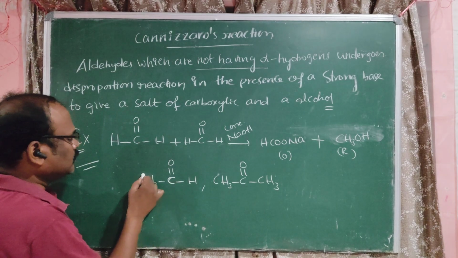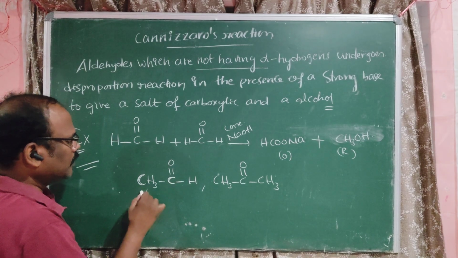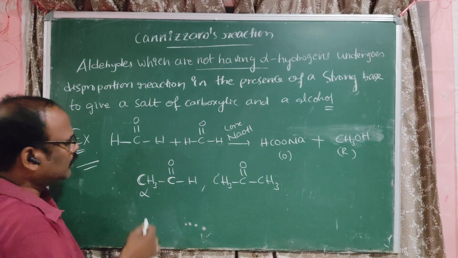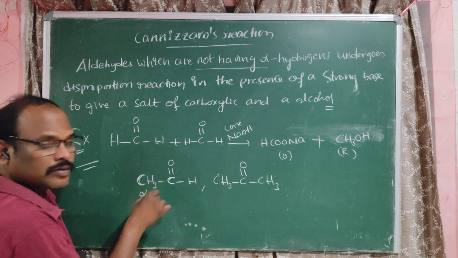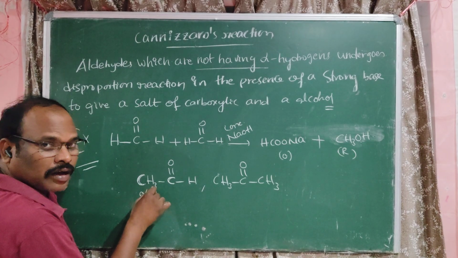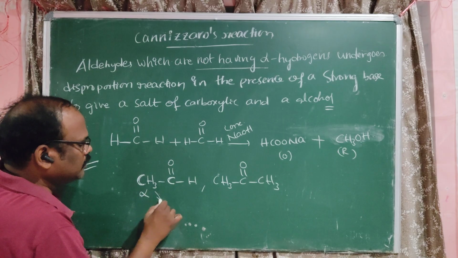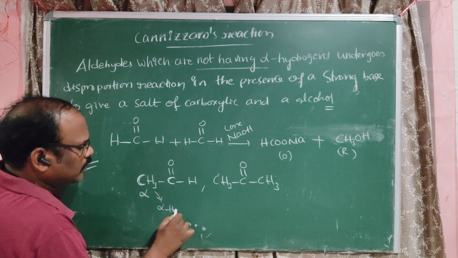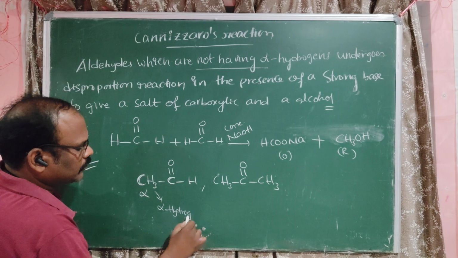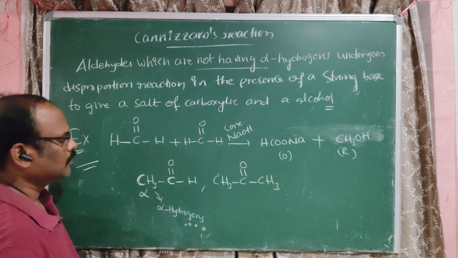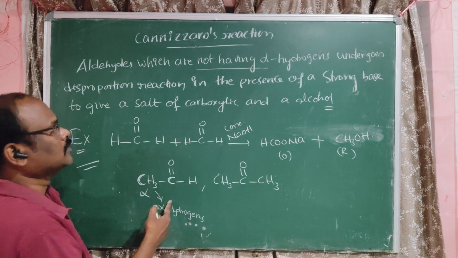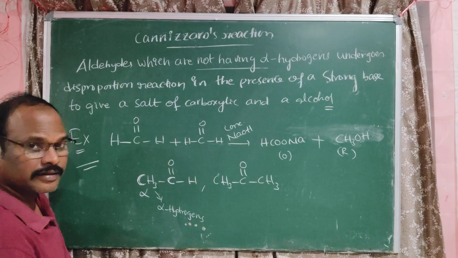Next to this carbon is labeled as the alpha carbon, and this carbon contains 3 hydrogen atoms which are called alpha hydrogen atoms. So it is not suitable for the Cannizzaro reaction.